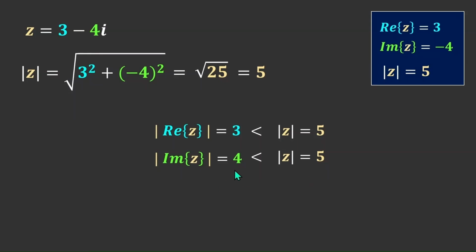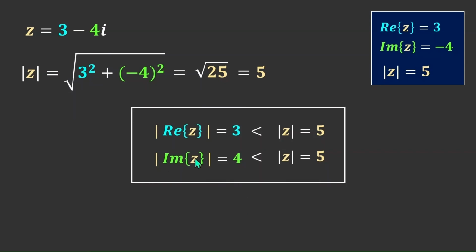This is the idea of the identity that we're going to prove, where we try to find the relation between the real part of Z and mod Z and imaginary part of Z and mod Z and see if this is in general true for all complex numbers or this is just an outlier.